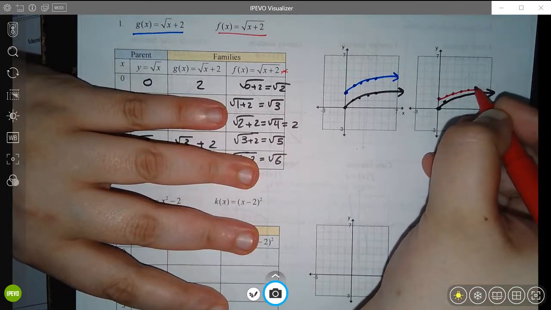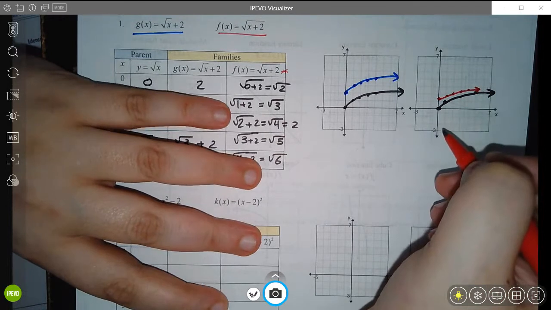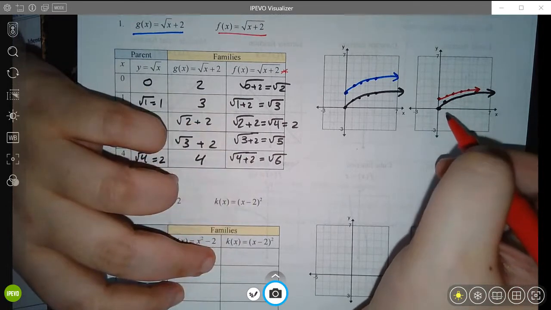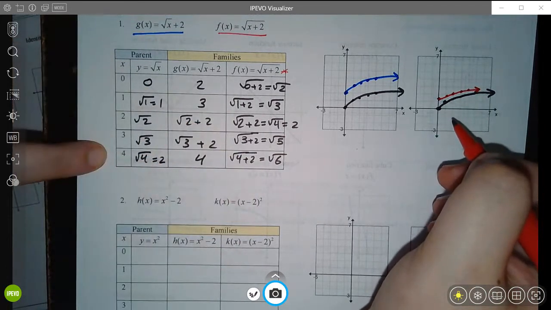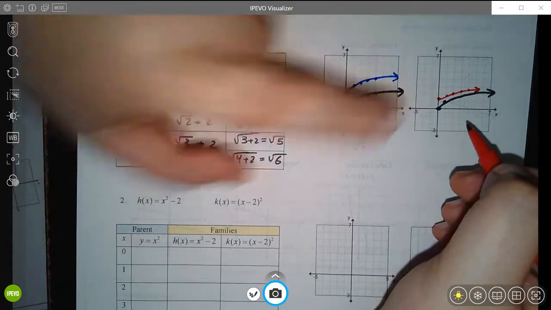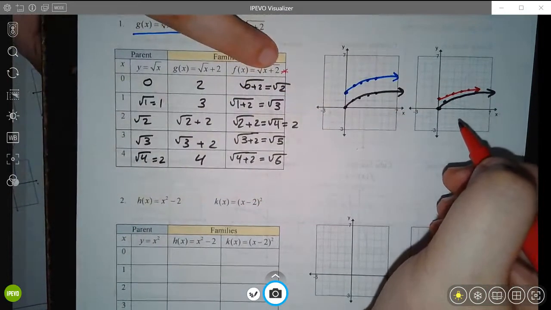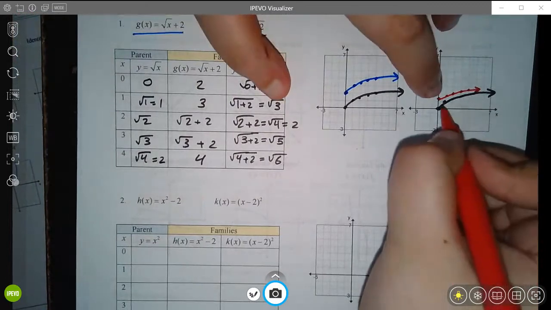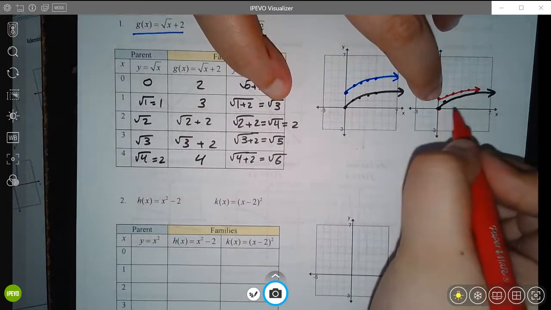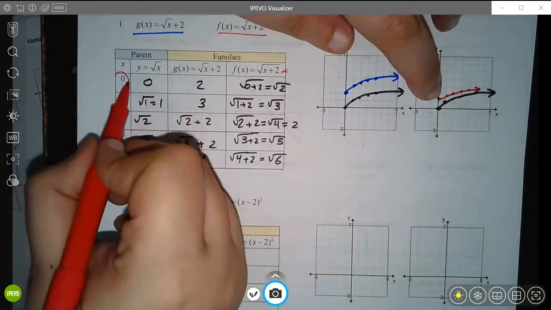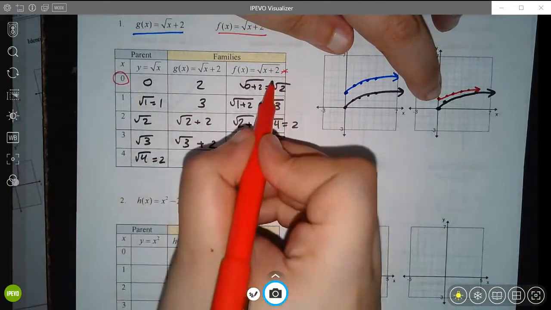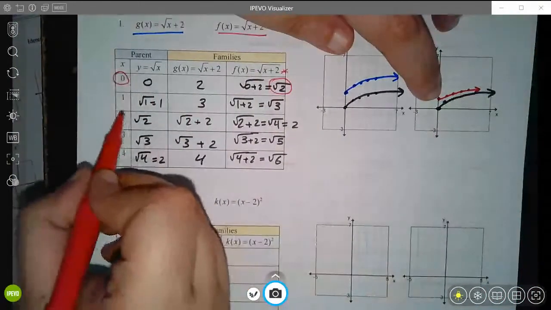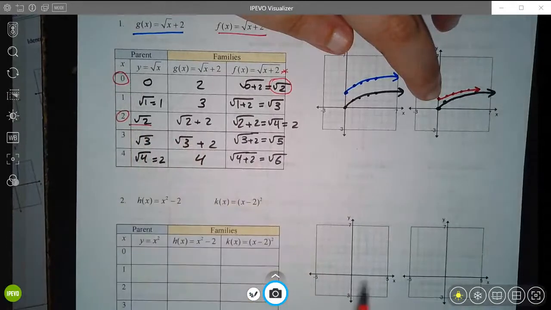Now here's a question I've gotten before. That looks like it went up. It's like, no, it didn't. It's just that the points you graphed started at this point. Now keep in mind, we said that +2 means it's going to go to the left points. Remember when I said 0 and the root of 2 is the equivalent of 2 and the root of 2? Do you remember that?